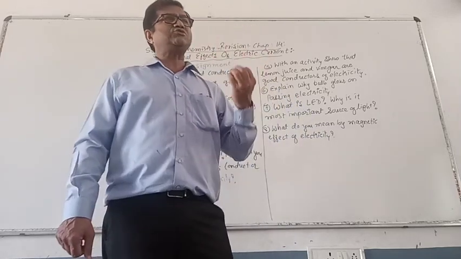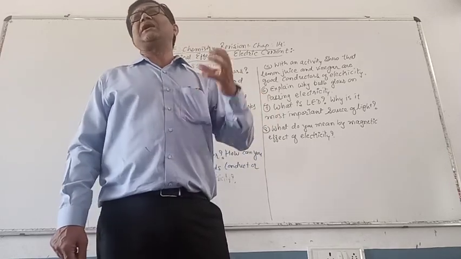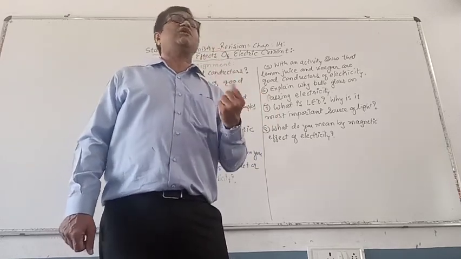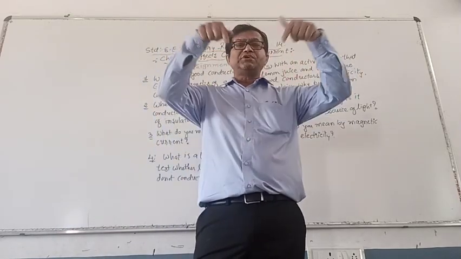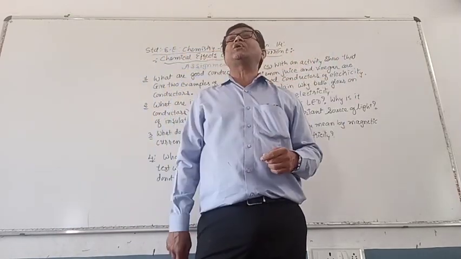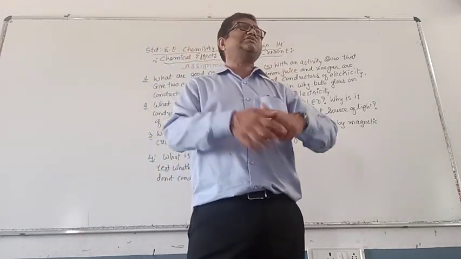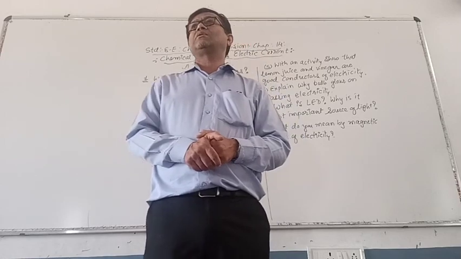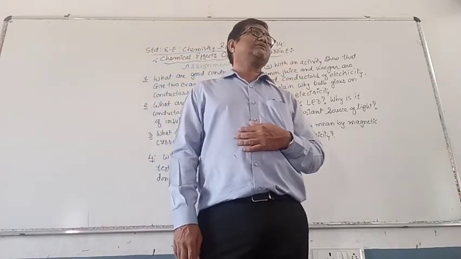So now to test whether the liquids are conductor or not, what do we have to do? We have to put both ends which are kept open in the tester into the liquid and then check the position of the bulb.